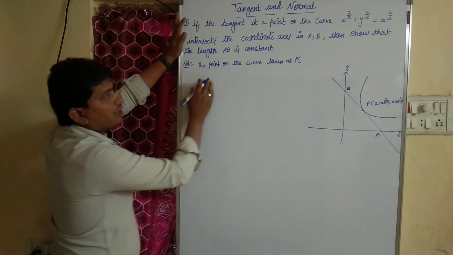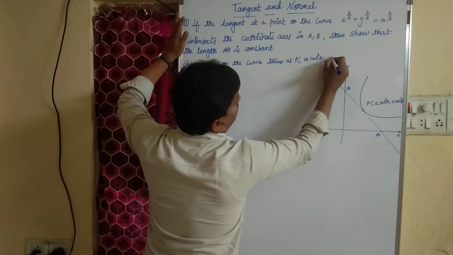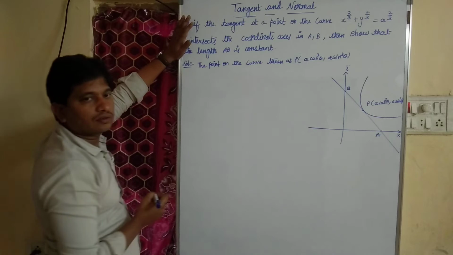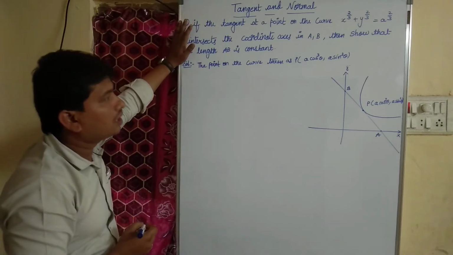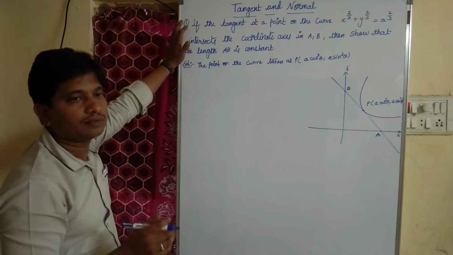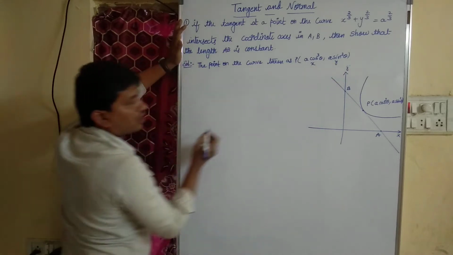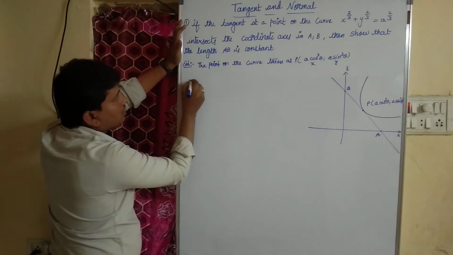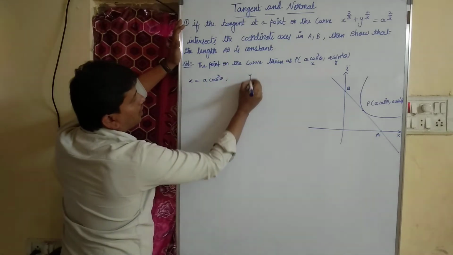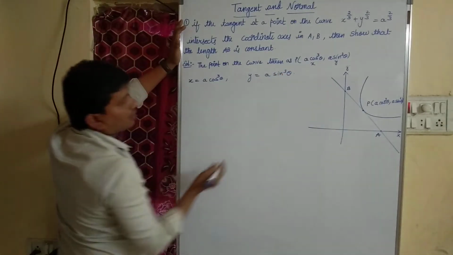So the point on the curve taken as P is a cos cube theta comma a sin cube theta. This is our x coordinate and this is our y coordinate. So x is equal to a cos cube theta and y equal to a sin cube theta.